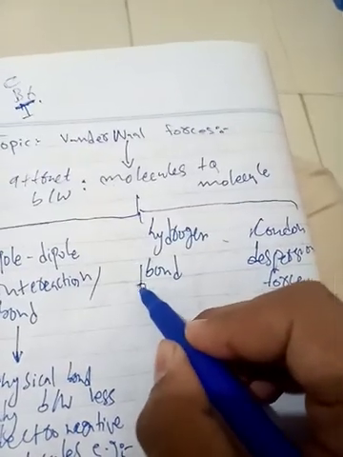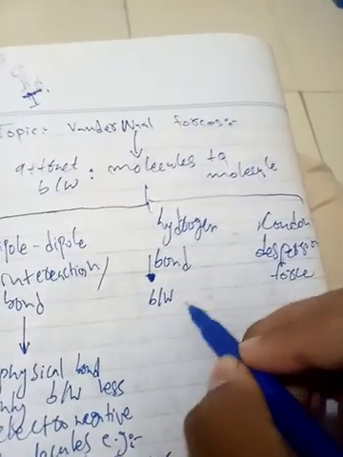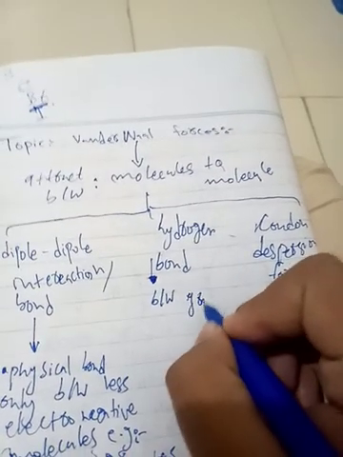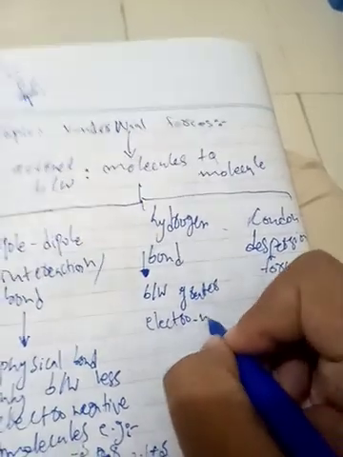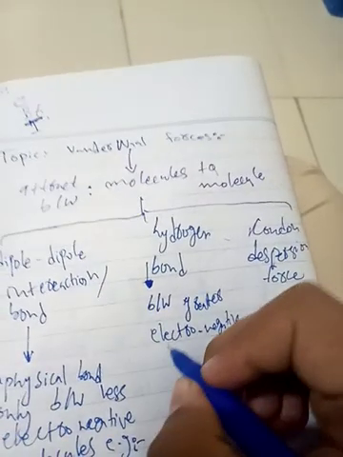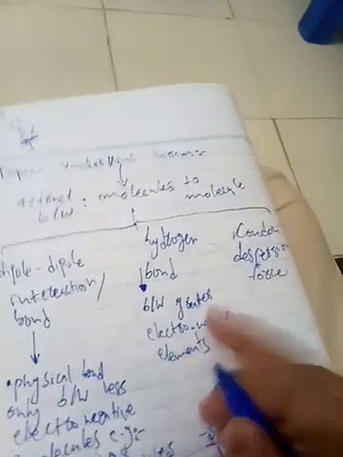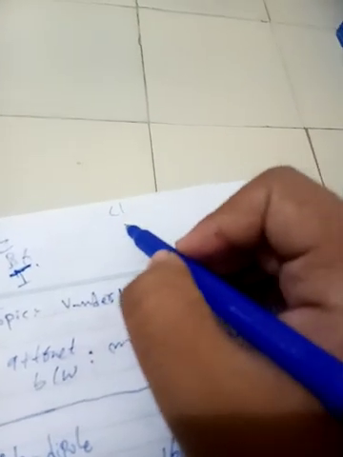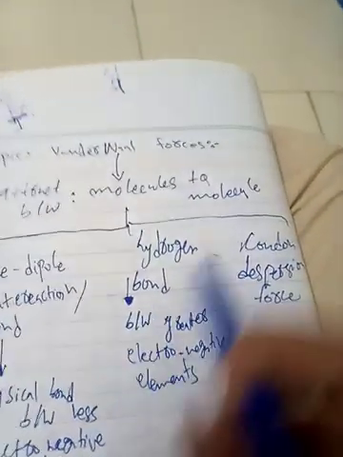A hydrogen bond is a physical bond between greater electronegative elements. First, let's look at which are highly electronegative: chlorine, fluorine, nitrogen, oxygen, and others.